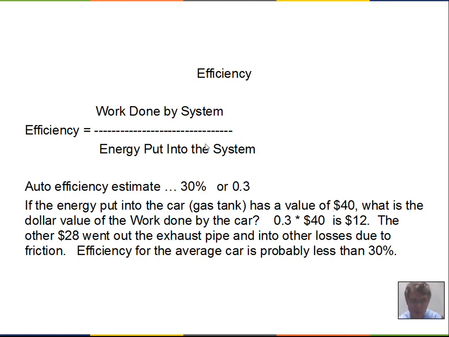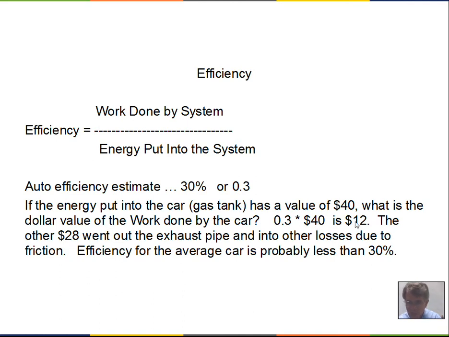This formula is very flexible. The work can be measured in dollars and the energy in dollars, or the work in joules and the energy in joules. But let's do it in dollars here, a little more dramatic, more real. So efficiency times the $40 that went in, that's $12 of work we get out. We pay for $40, we get $12 of work.